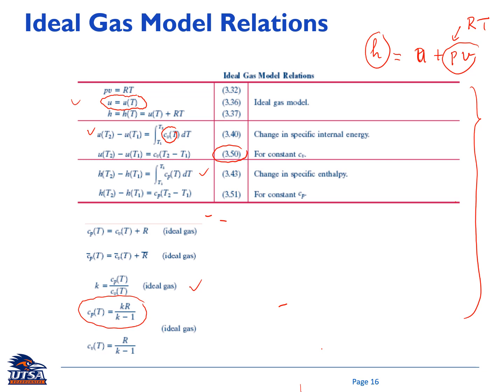So k is given, and R comes from the universal gas constant over molecular weight. And similarly, you also have the formula for Cv here, a function of R and k. So once again, you don't need to memorize, but you need to understand how, when, and where you need to use each of these formulas.